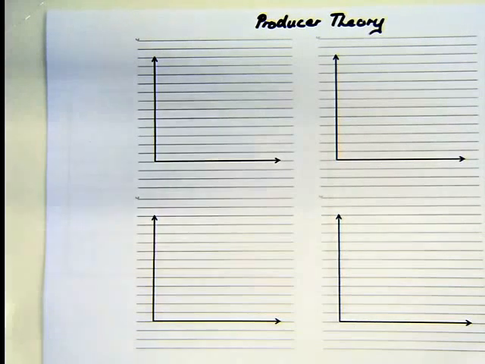The fixed resource is capital: machinery, tools, equipment. Variable resources are like labor and inputs. If you're owning a cafe, the coffee, the milk, the staff that you hire are all variable resources that can be changed in the short run, yeah?